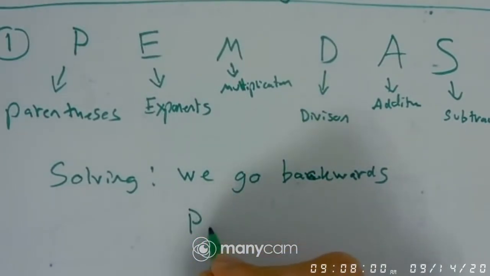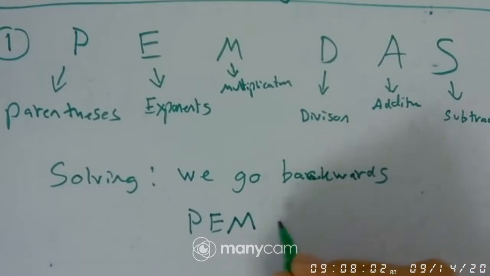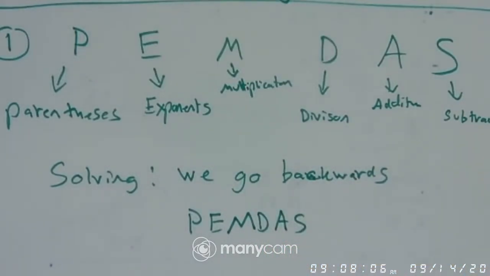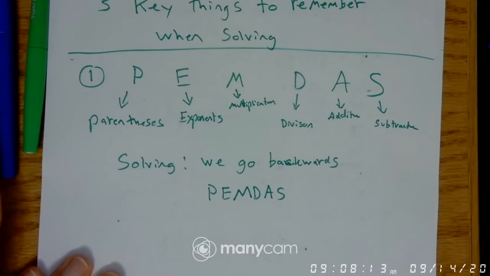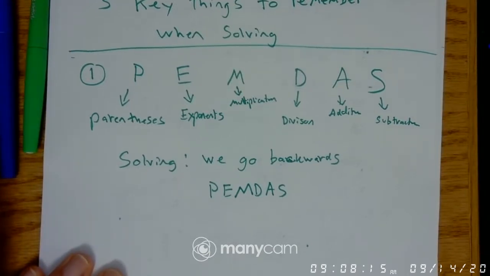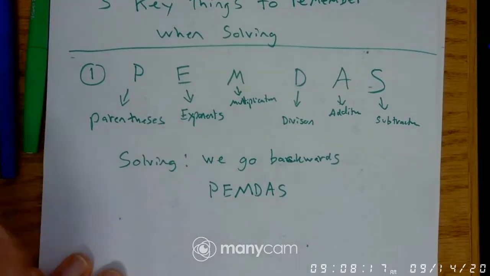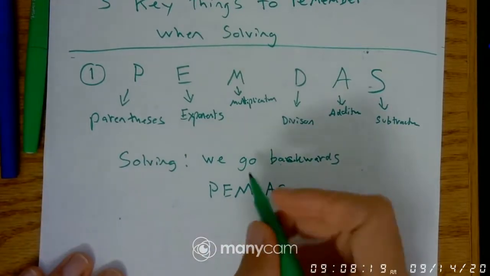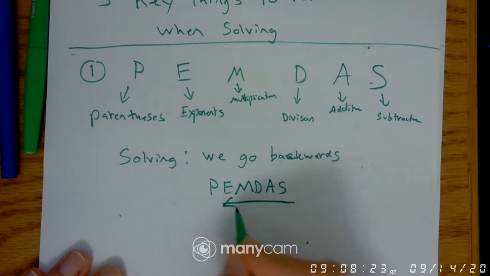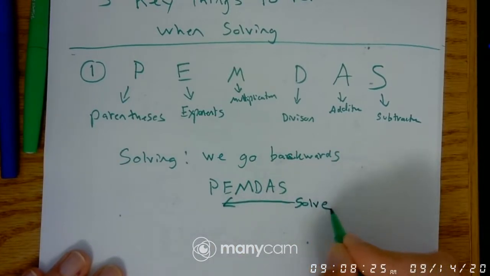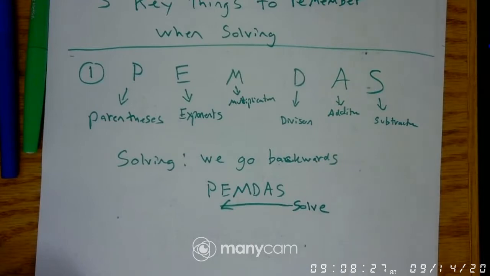So what I mean by that, if I write out PEMDAS, oh, I think it's because it's zoomed in. Oh, so much better. Can you guys see a lot more now? Hopefully. Okay. So we go backwards. So when we solve, we start here and we go this way. Okay. So that's the first thing to remember.